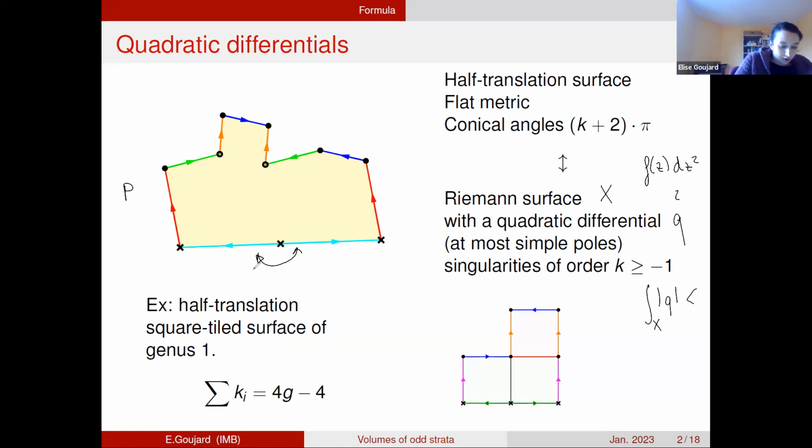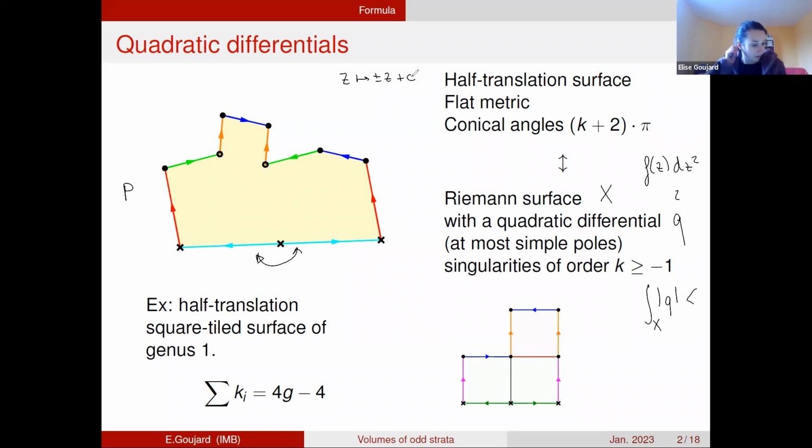More formally, a half translation surface is a surface with an atlas of charts where the changes of charts are given by this function, so translations and half turns.